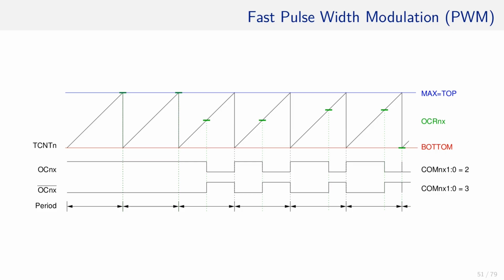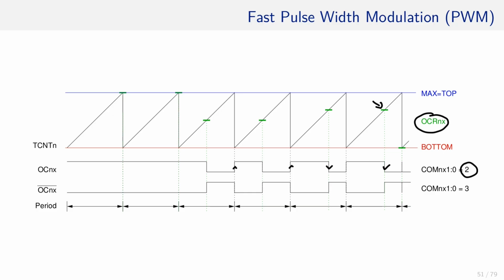If the bits are set to 2, then whenever TCNT overflows, the OC pin is set to high, for instance in this case or in this case. When TCNT equals the value stored in OCR, indicated by these green bars, the OC pin signal is set to low again, shown here or here.